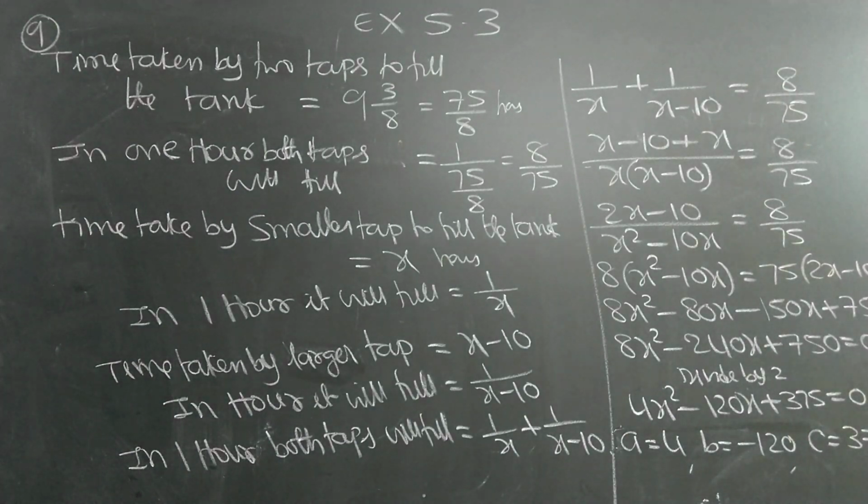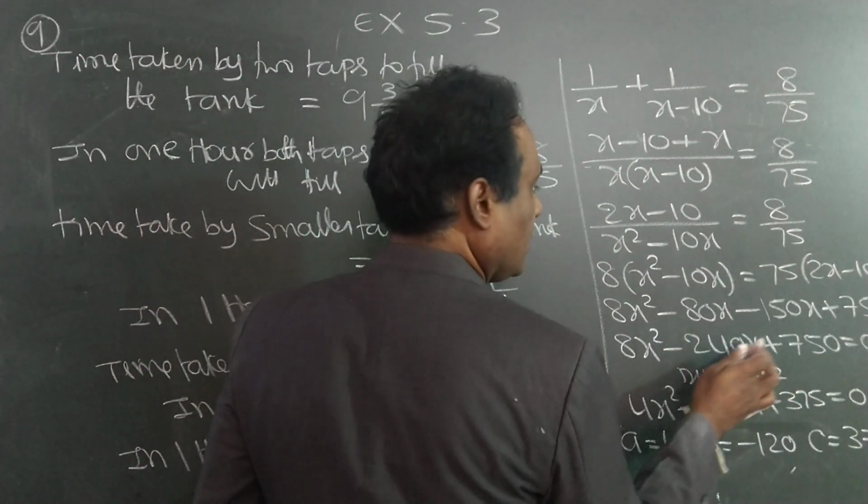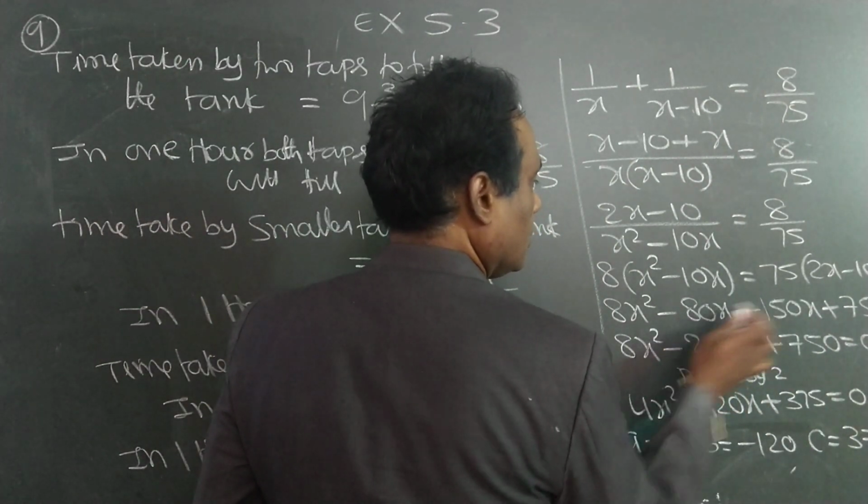Write down fast. Sorry, this is 180 plus 150 is 230.